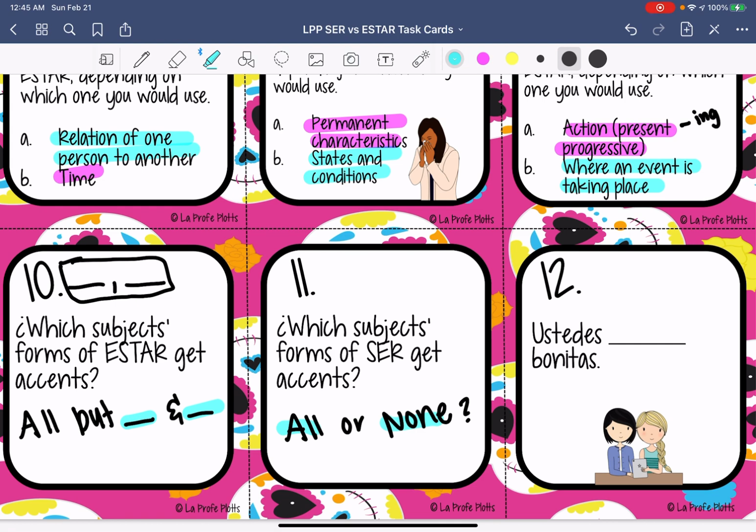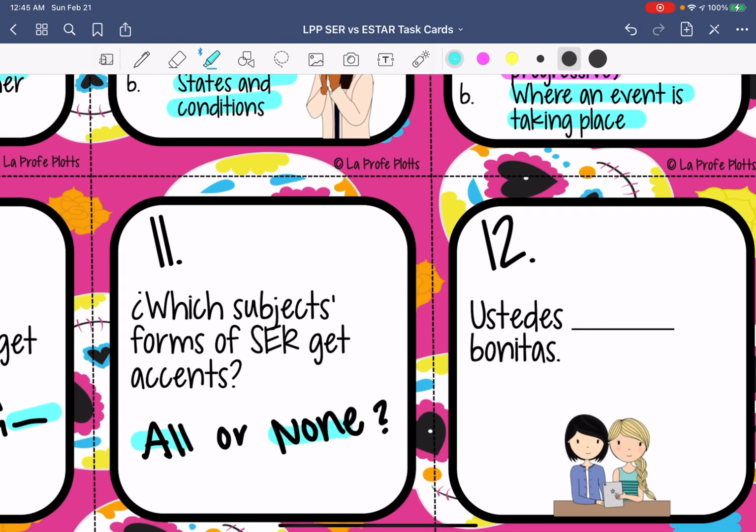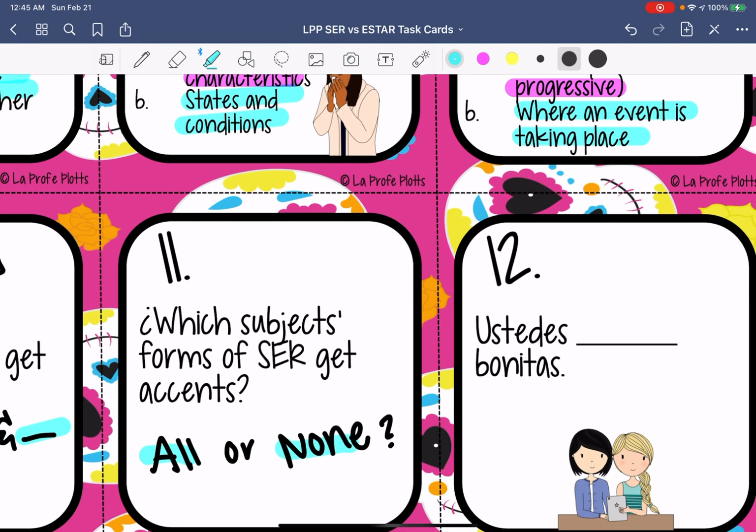So, for number 12, you're going to fill in the blank. Ustedes blank bonitas. You need to first figure out if you're going to use ser or estar, and then you need to type the conjugated form of the verb that you chose. And remember that your verb should match the subject pronoun or the subject of the sentence.